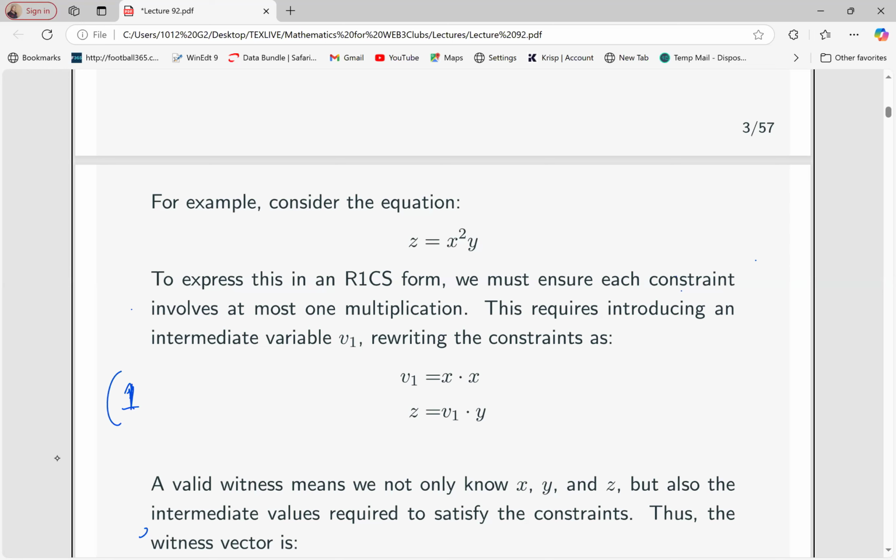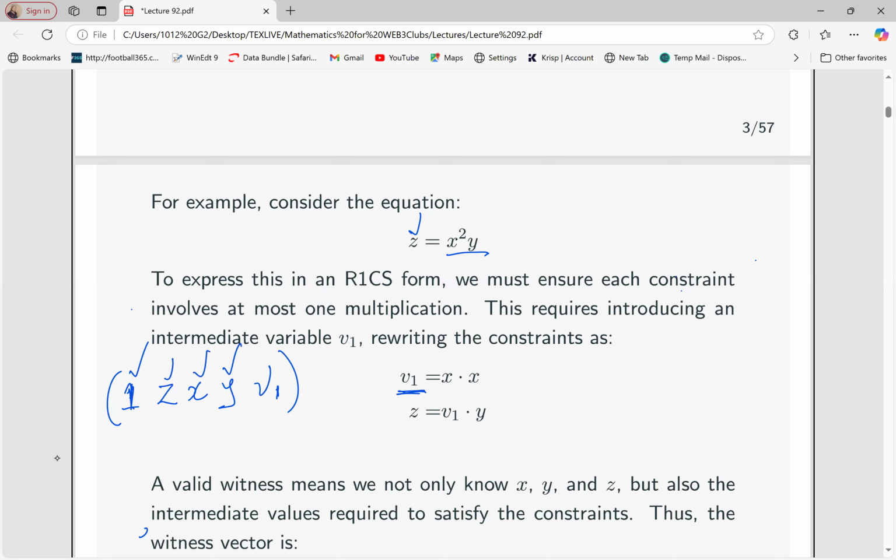So we have 1, then we have Z, then X, then Y. Conventionally, 1 will always be the first element of the witness. Then we have the output, then the inputs. After the inputs, you have the intermediate values, and in this case, we only had 1 intermediate value, V1.